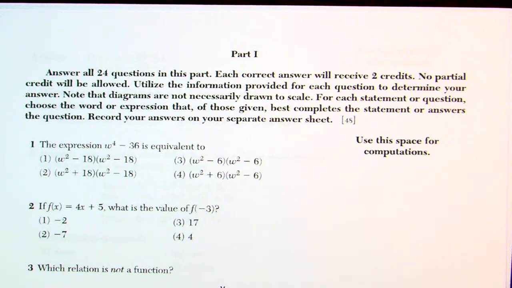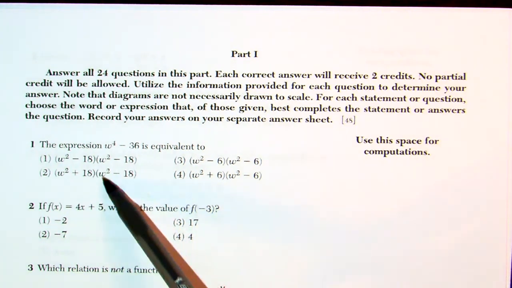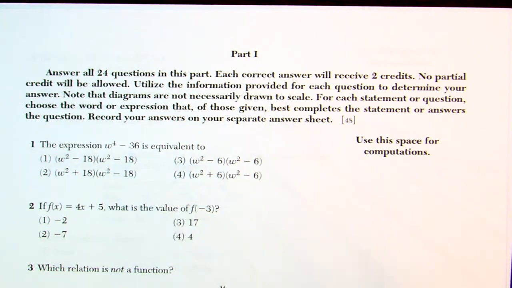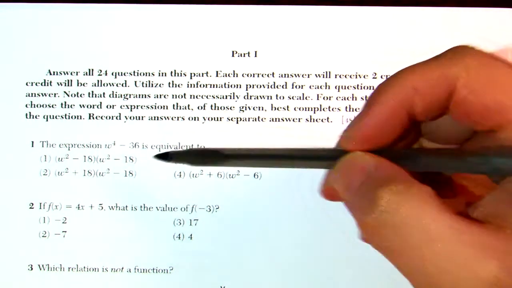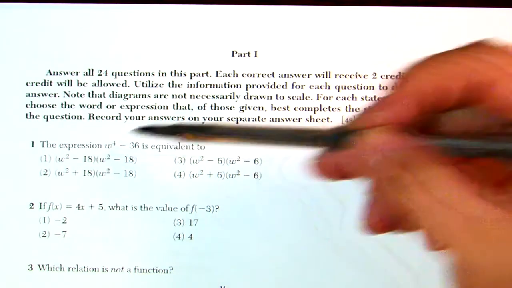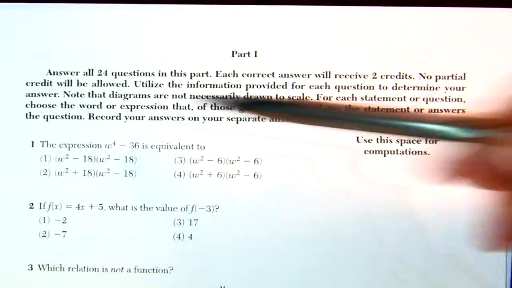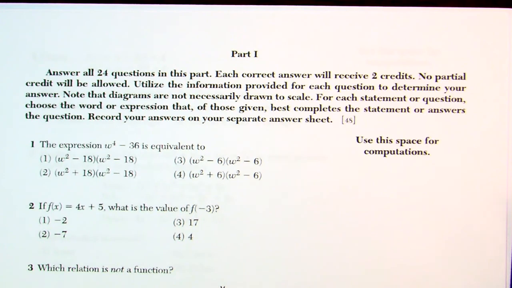It says the expression w to the fourth minus 36 is equivalent to. So this is a difference of perfect squares. I could recognize that by having an exponent above my variable with a minus and just a constant there.